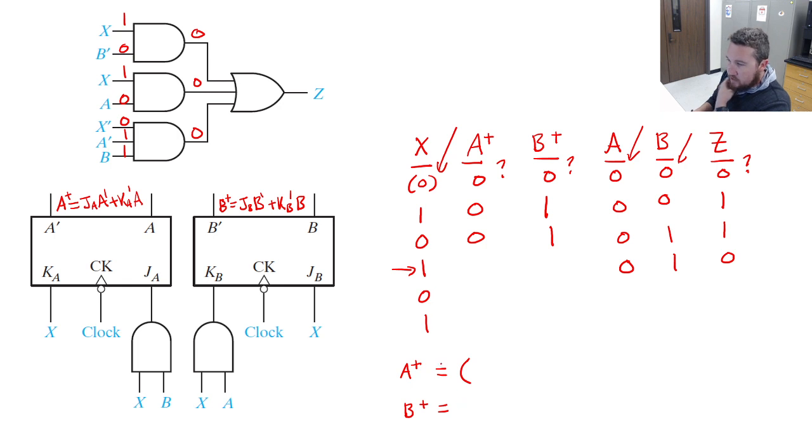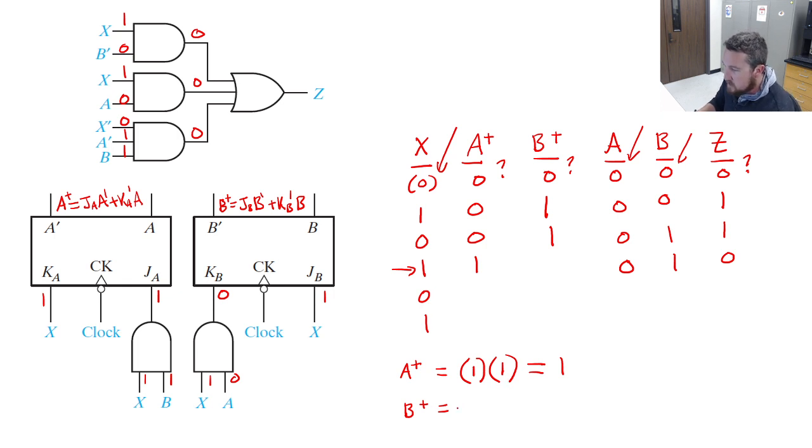So looking at A plus, oh wait, we've got to set this up. So x is equal to 1, so that's going to be 1, 1, 1, 1. A is 0, so KB is going to be 0. B is 1, so JA is going to be 1. So JA is 1. A prime is 1 because A is 0. So that means A plus is going to be 1. We don't even need to look at the second term since it's OR.